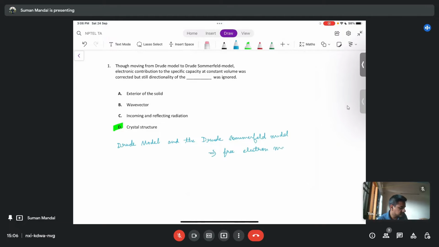We have discussed it several times in the past. The Drude model is for classical particles, where we use the Maxwell-Boltzmann statistics.